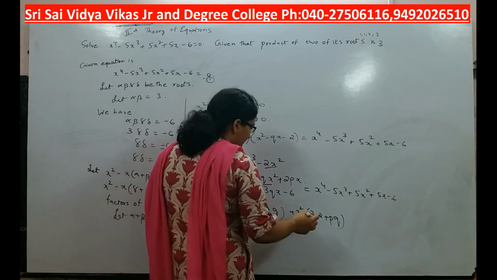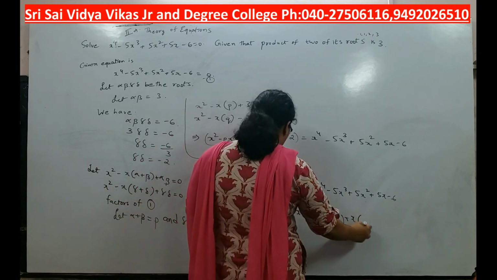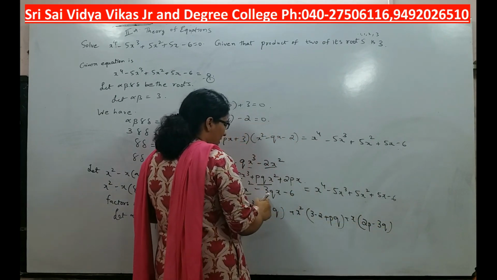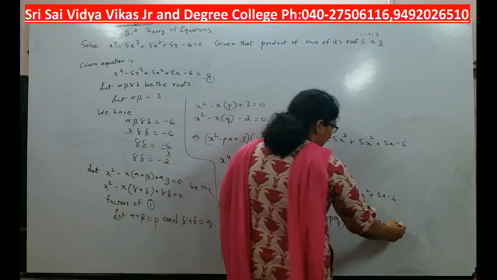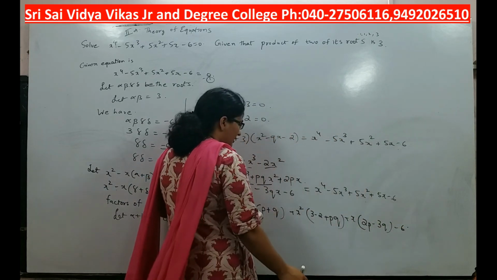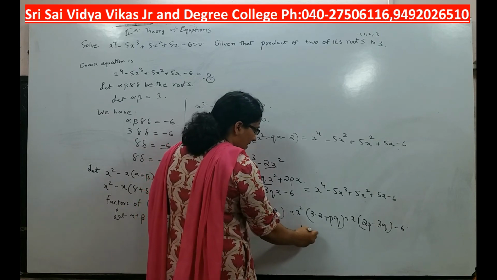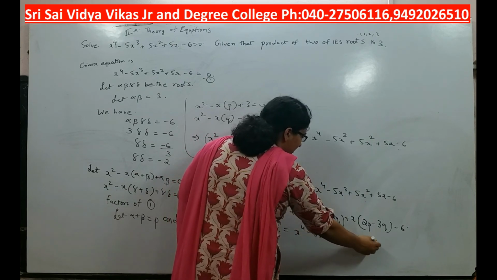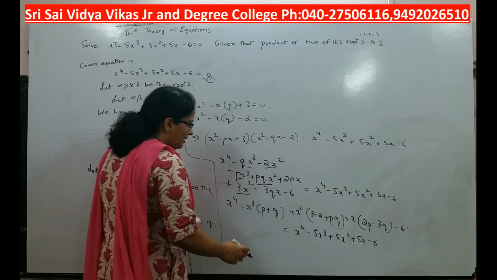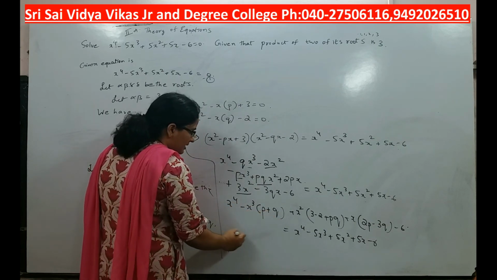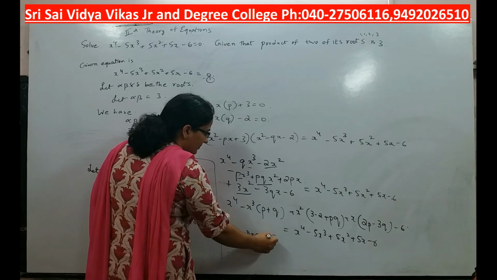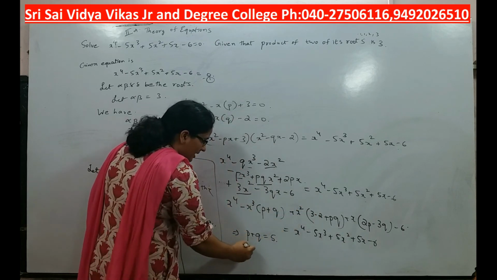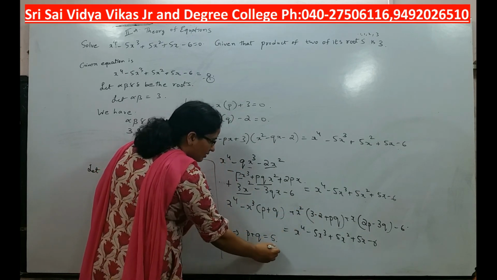Then x terms: plus x into (2p minus 3q), minus 6, is equal to x power 4 minus 5x cube plus 5x square plus 5x minus 6. So here p plus q is equal to 5, and from the x term, 2p minus 3q is equal to 5.